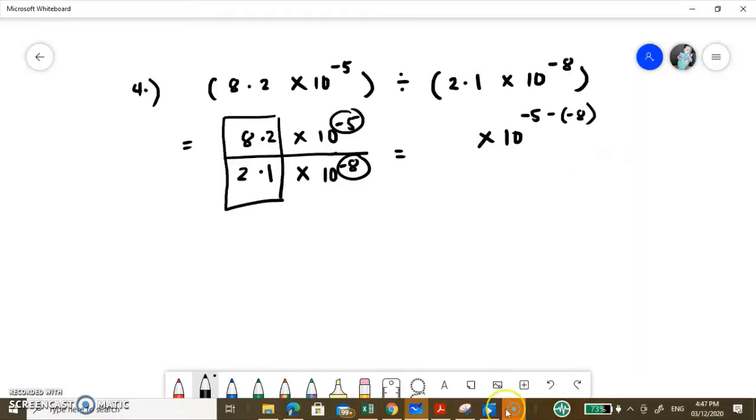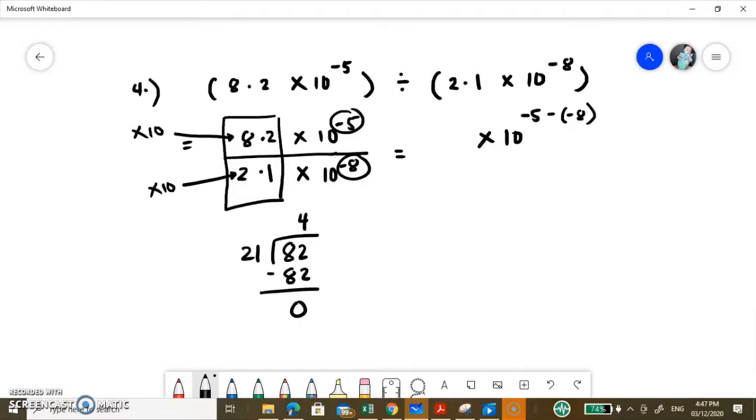Okay? So, let's work on 8.2 divided by 2.1. So, again, mas maganda kung whole number sila. So, we would multiply times 10 to both of them para magiging 82 divided by 21. Right? So, 82 divided by 21, if you're going to have 4 there, that would be 84.